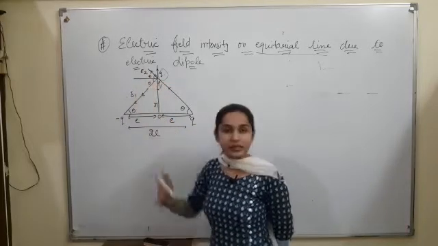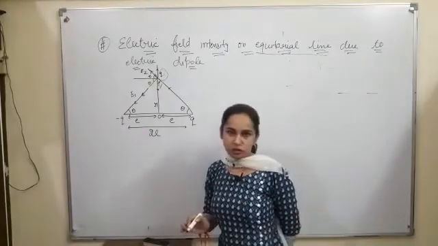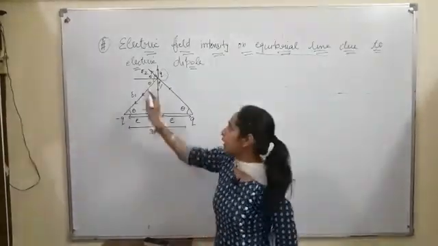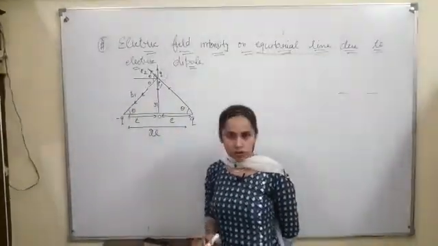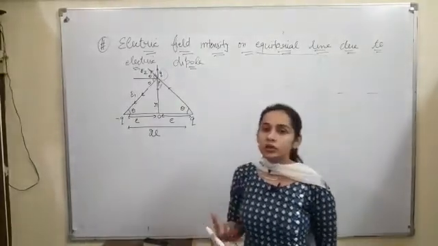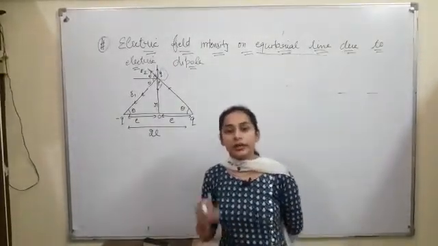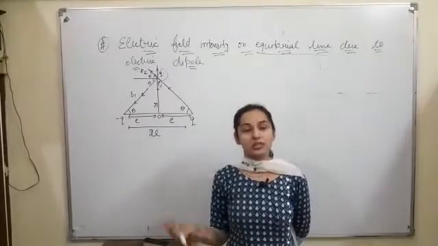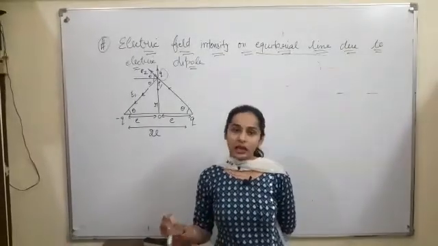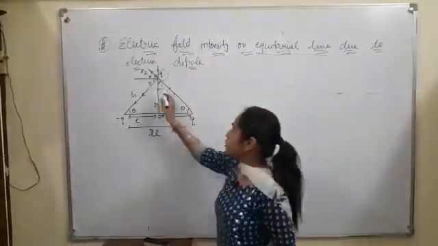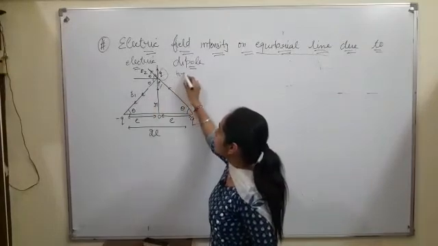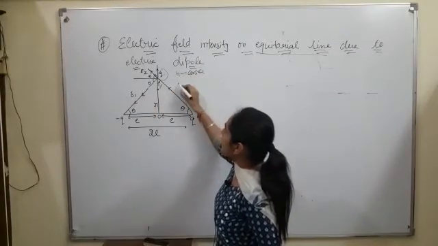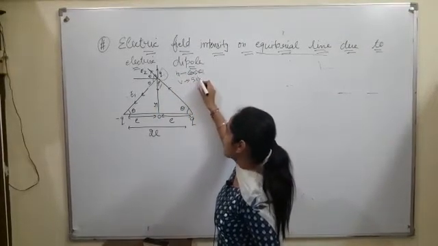Here I will find the total electric field. Components are resolved into horizontal and vertical components. The horizontal component we take as cos theta and the vertical component as sin theta.